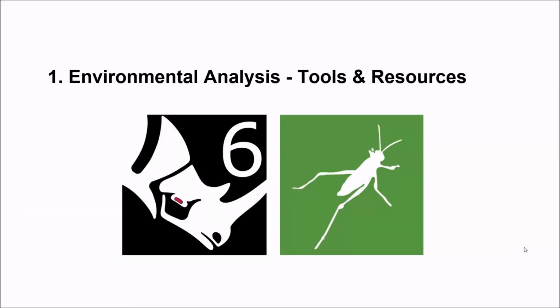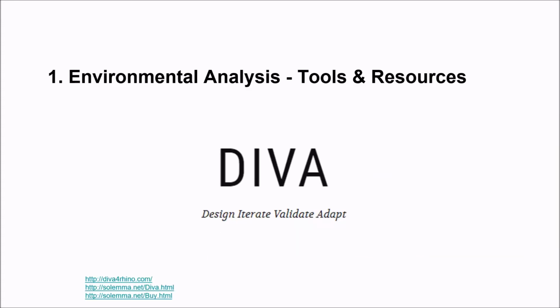How about utilizing Rhino or Grasshopper to perform an energy analysis? DIVA offers some robust tools that allow for environmental analysis of Rhino models. Their website notes, DIVA is a highly optimized daylighting and energy modeling plugin for Rhino. The plugin was initially developed at the Graduate School of Design at Harvard and is now distributed and developed by Solemma LLC.